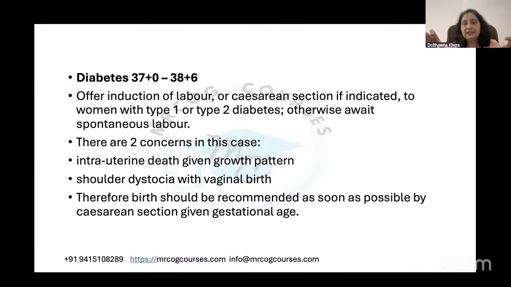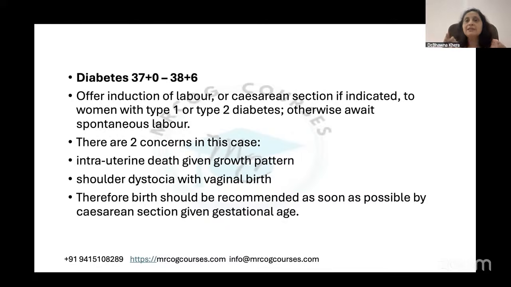Now you would say that the guideline does not mention that we have to do a cesarean section, so why am I choosing it here? This is the intensity which RCOG is testing nowadays. This is the same kind of question you see in the exam nowadays, where the words do not give you the answer, but the concept does.